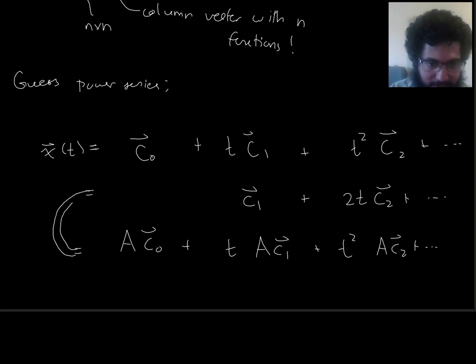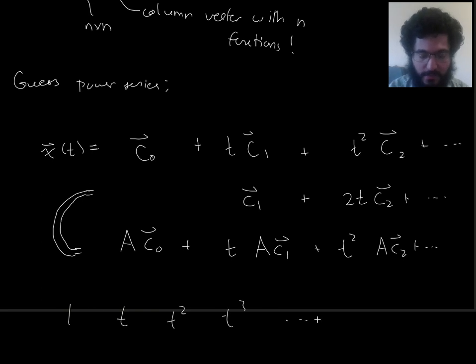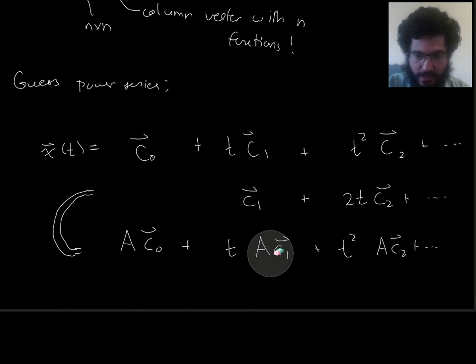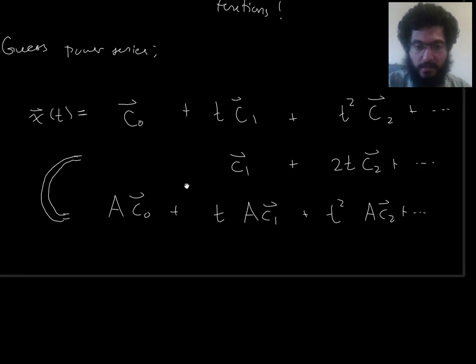And then just like in the previous video, we're using the fact that the functions 1, t, t squared, t cubed, etc. are linearly independent functions. So if you want this to equal this for all real numbers t, then coefficients have to match up. And that has to happen for all n components. So these are vectors here, and this is a vector equality. That equality has to work out for all n components.